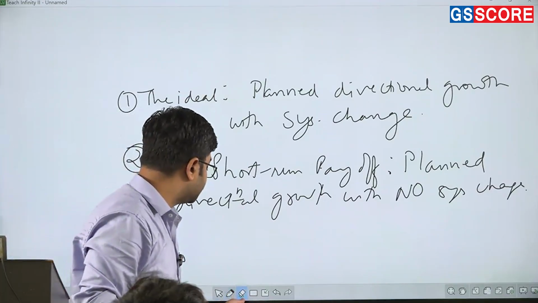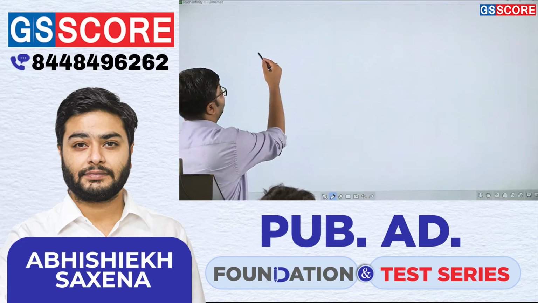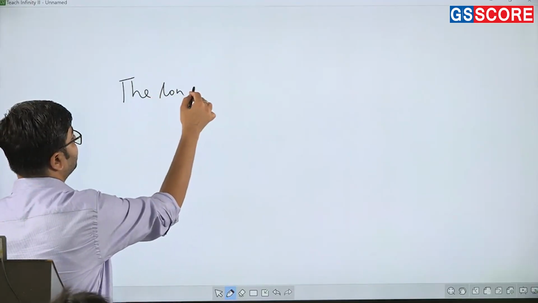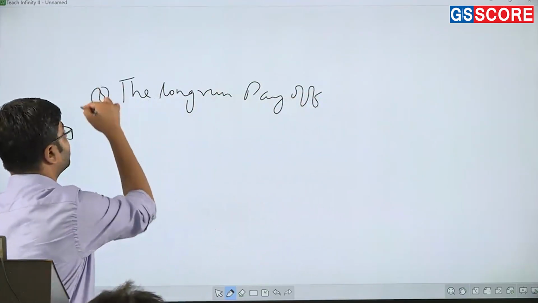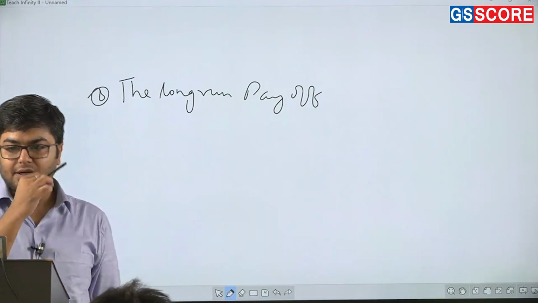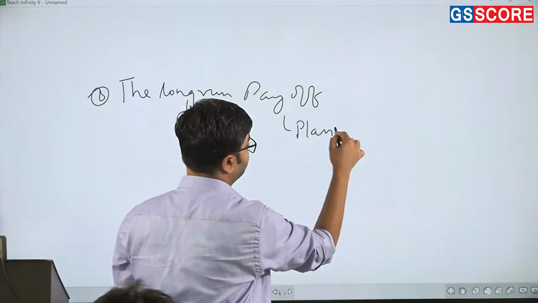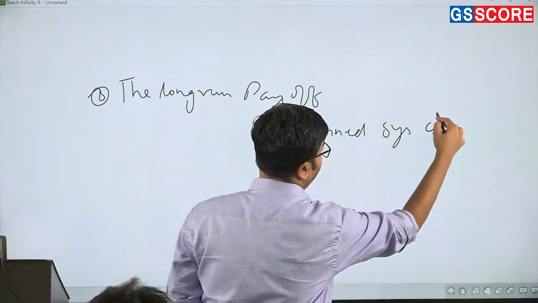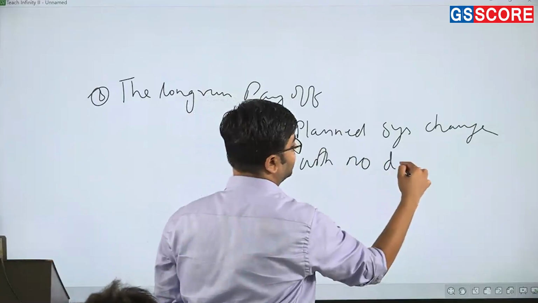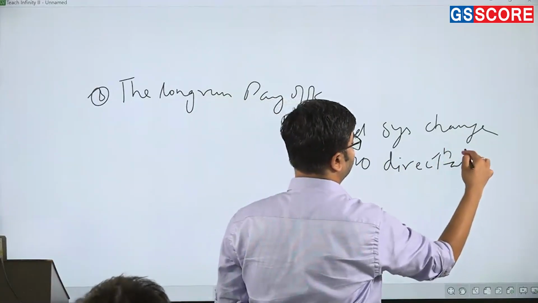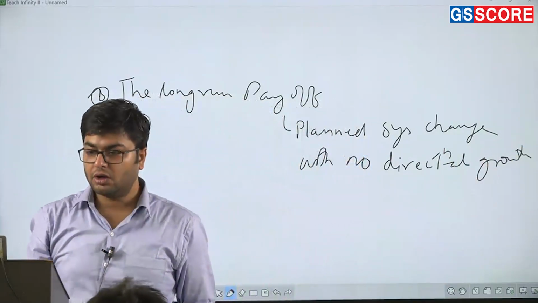The third model is the long run payoff. Planned system change with no directional growth.